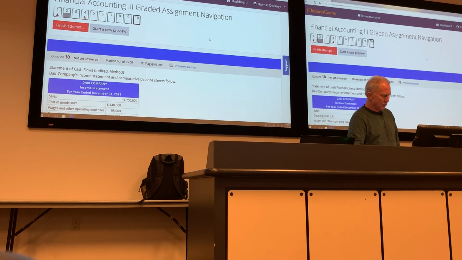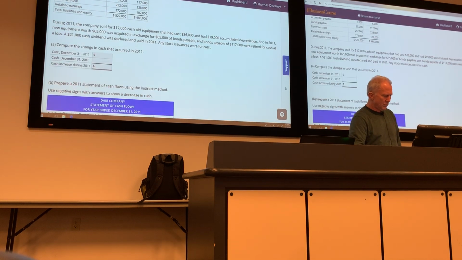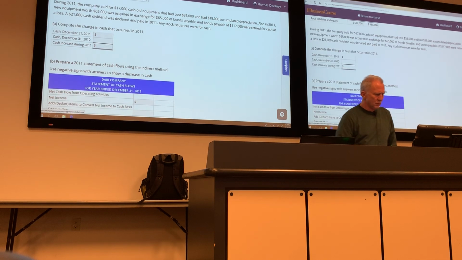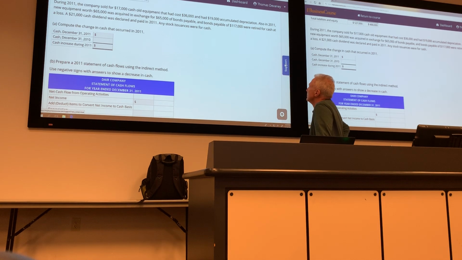It says during 2011, the company sold, but going to bonds payable of 117,000 were retired for cash at a loss. So that bonds payable of $117,000, that's actually an account on the balance sheet, and that's the current carrying liability of that 117,000.